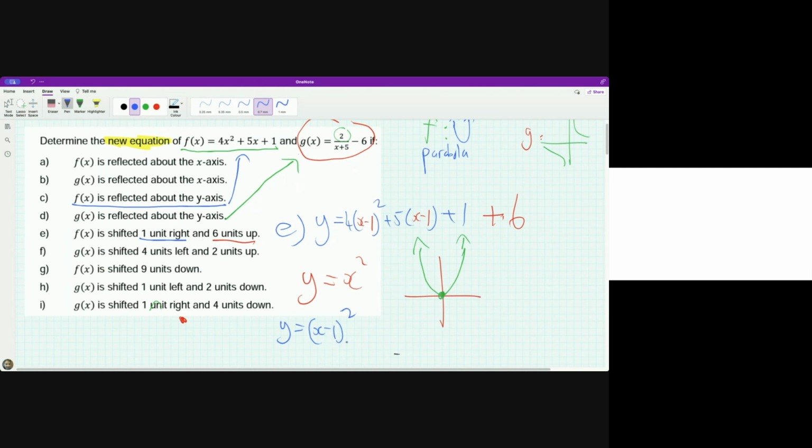Now, if you think about this parabola, it has been shifted. The x-intercept for your original y equals x squared was x is 0. What is the x-intercept going to be for y equals x minus 1 squared?